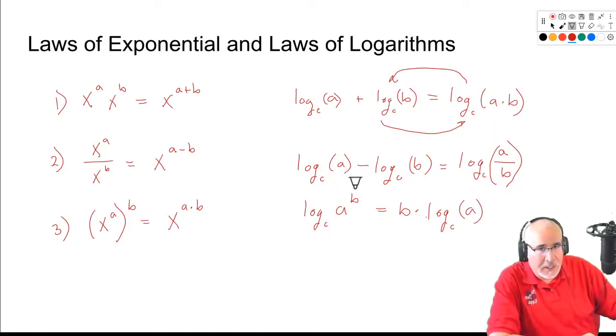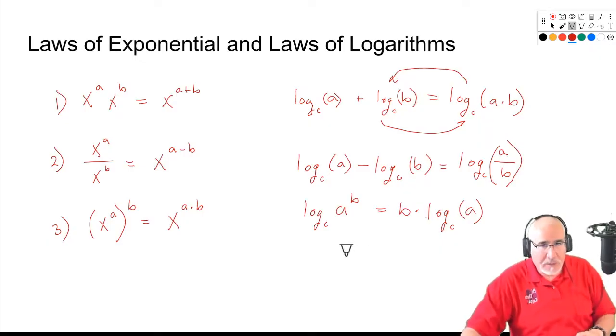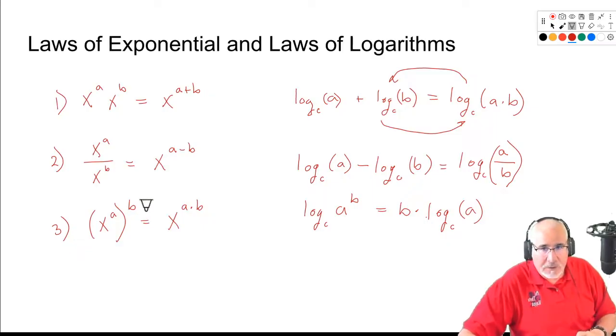This one's not as clear, but an exponent becomes multiplication. The placing is different, but it's the same process. Those are the three laws of logarithms that we will be using in this lesson, and they're based off of the properties we used with exponentials.